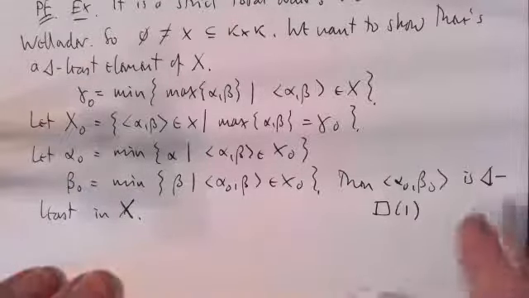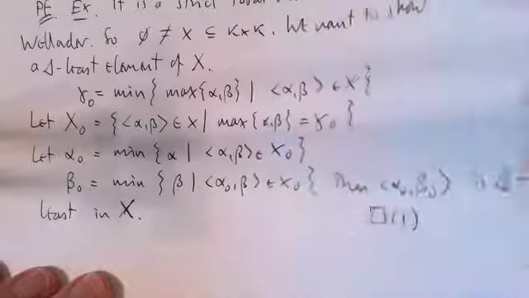So let's give a little picture of what the well order looks like. We're talking about pairs of ordinals inside the box of kappa cross kappa.